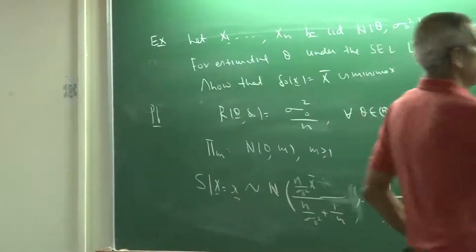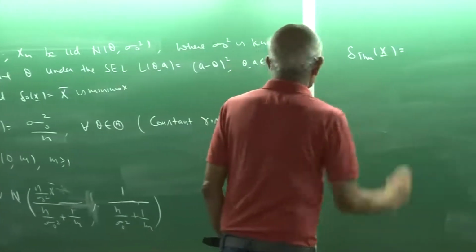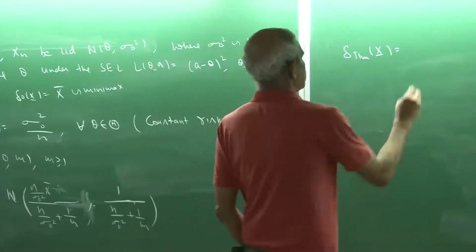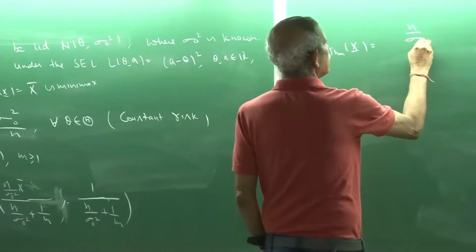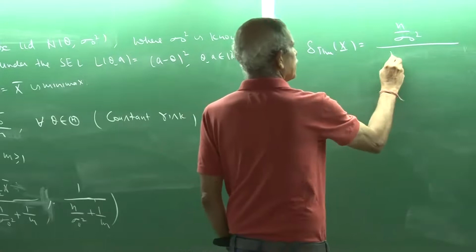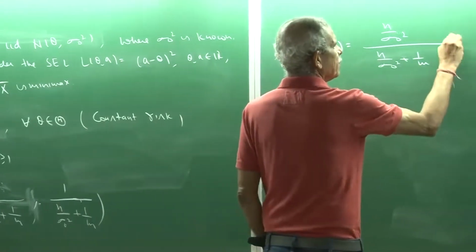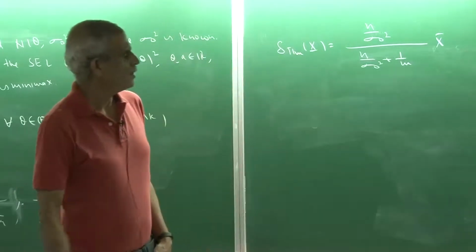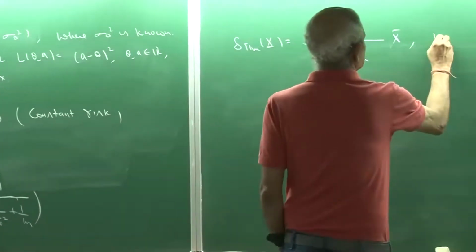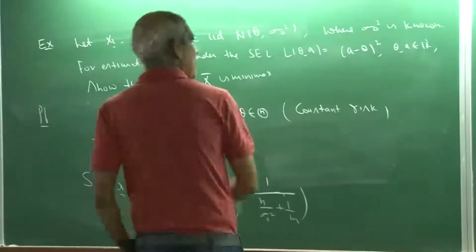So delta pi m of x is nothing but n by sigma naught square divided by n by sigma naught square plus 1 by m into x bar. This is the Bayes estimator corresponding to the prior pi m.